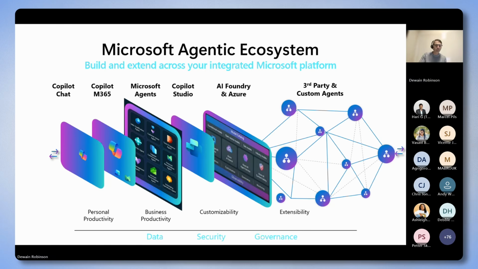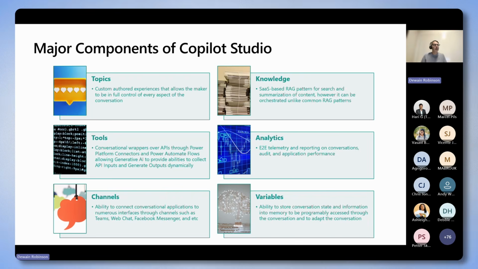So now, let's talk about what are the major components of Copilot Studio. So if we understand these, when we get into building, it'll make a lot of sense as to what we want to think about. Now, I like to explain these as, think of them as ingredients in your kitchen. When you look at things that are in your kitchen that you're going to go make something, you could come in and say, I've got eggs, I've got flour, I've got sugar.